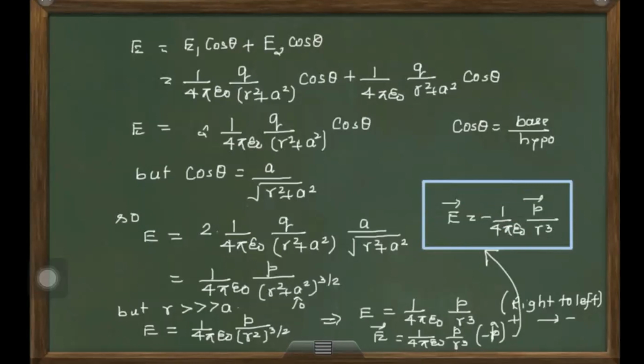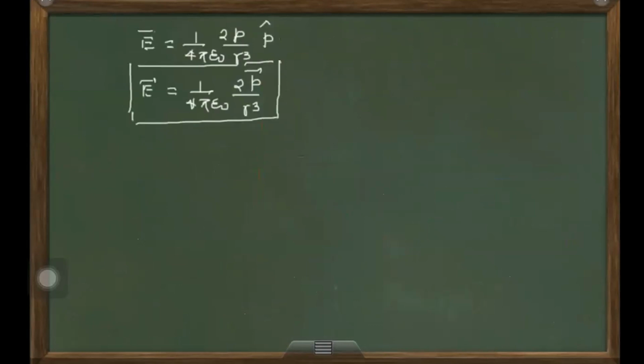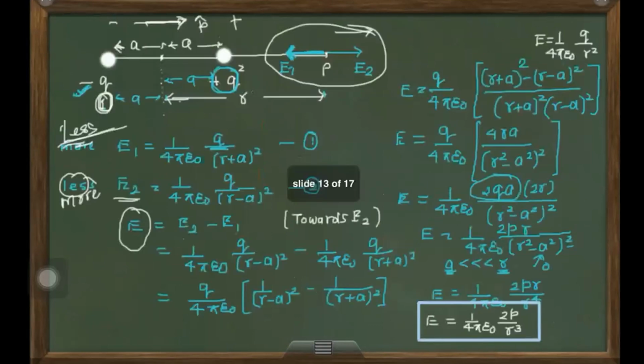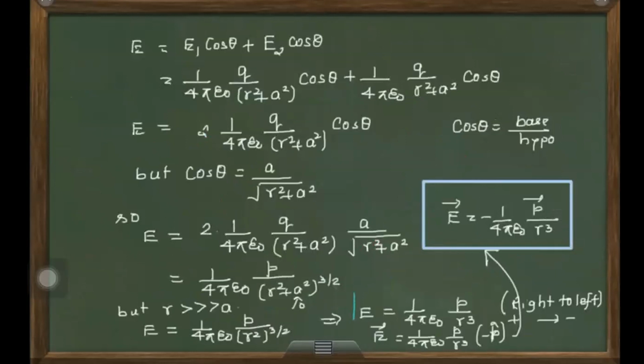Okay. Now we compare these two cases. You have been told we are having two situations, one axial and one equatorial. When you have done the derivation for axial, you got the magnitude 2p upon r cube. And when you have done the derivation for this one, you have got p upon r cube.